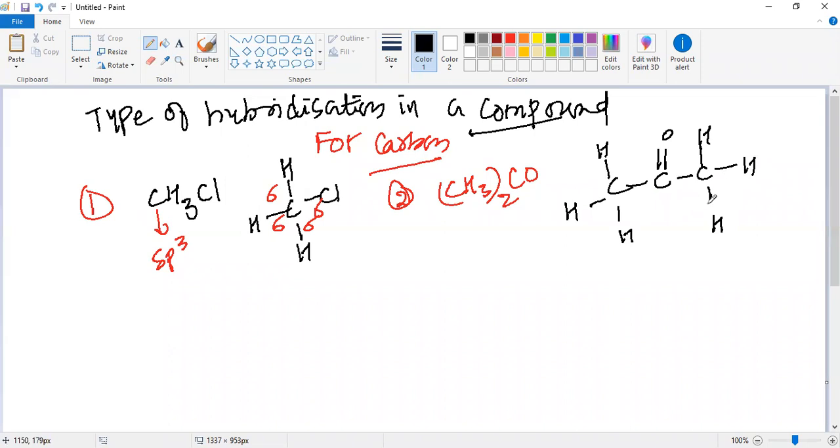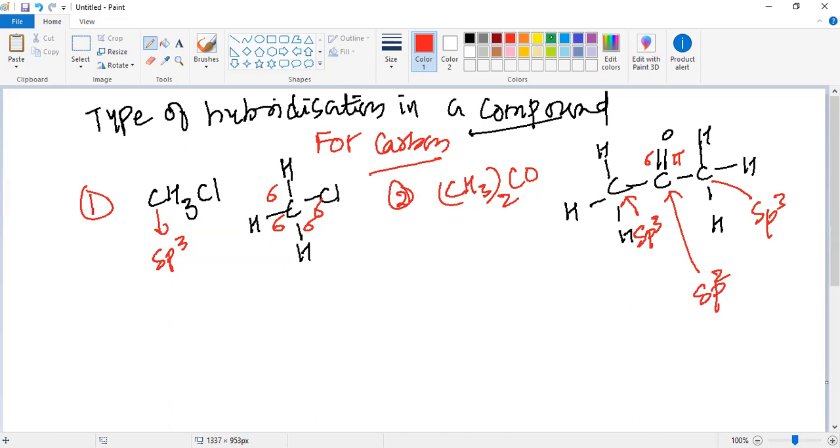So my dear students, here you can see that this carbon has got a double bond with oxygen. So this is going to be the pi bond, and this is going to be the sigma bond. All the other bonds are single. So this carbon does not make any kind of double bond, and that is why it is sp3 hybridized. This carbon definitely has made the double bond, so it is sp2 hybridized, and this carbon is sp3 hybridized.